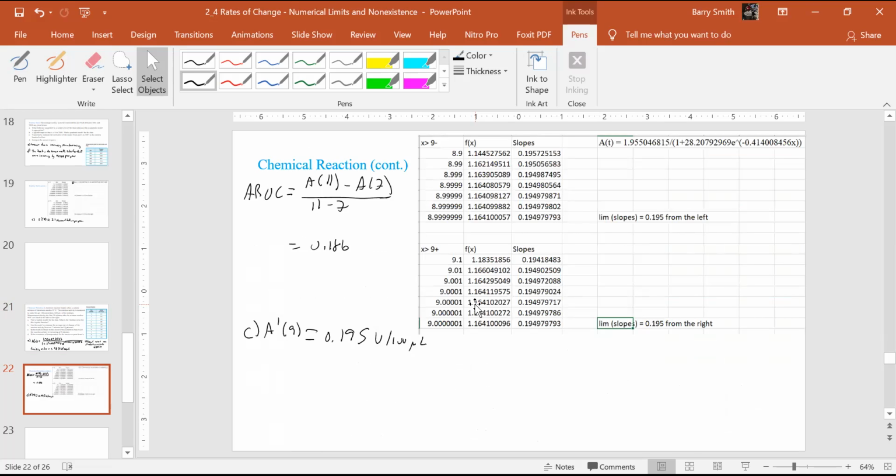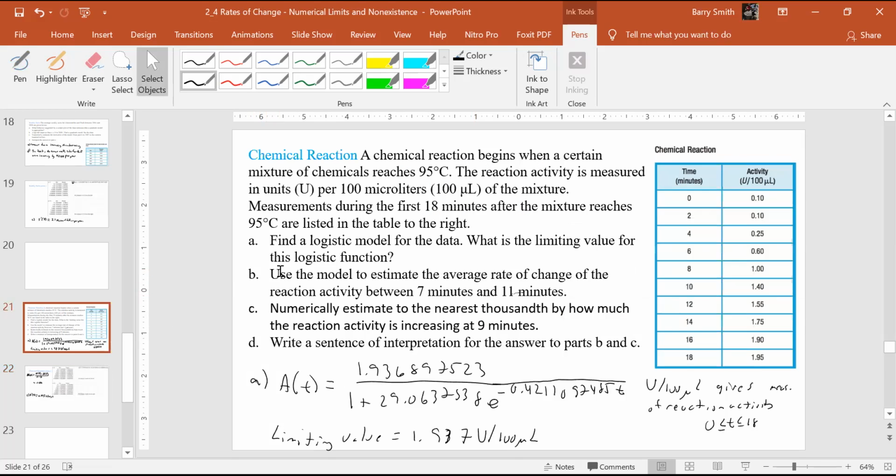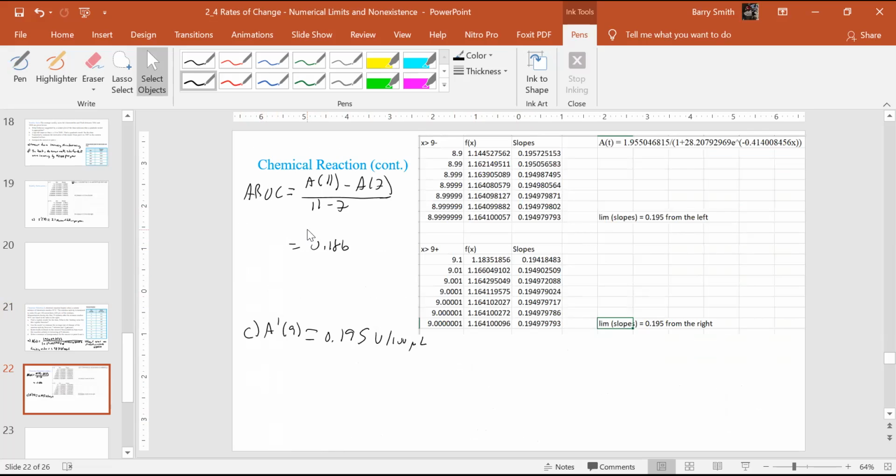All right, so for B, what do we have? Use the model to estimate the average rate of change. Okay, so this was B up here. I didn't label that one.